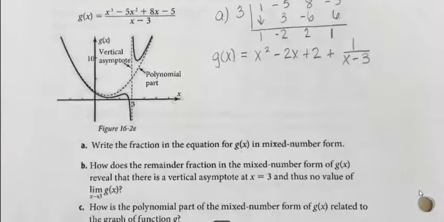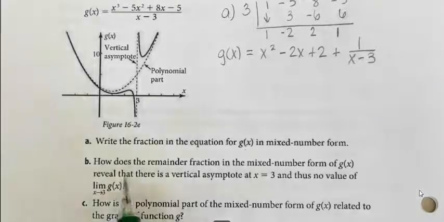Okay. So how does the remainder fraction in the mixed number form of g of x reveal that there is a vertical asymptote at x equals 3 and thus no value of the limit as x approaches 3 of g of x? So I'm going to answer B down here.